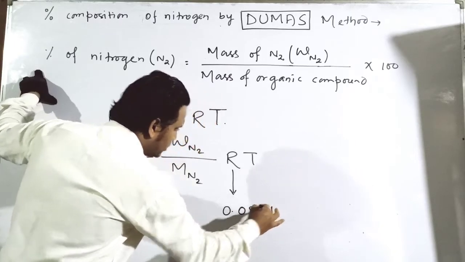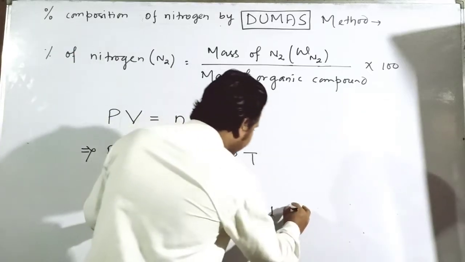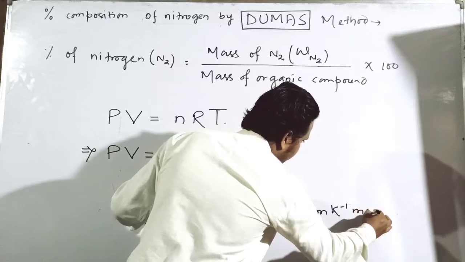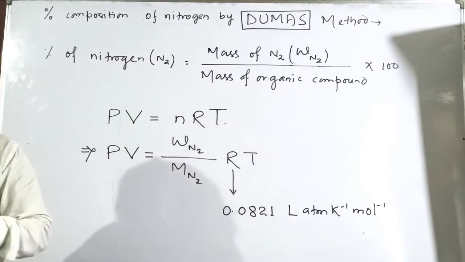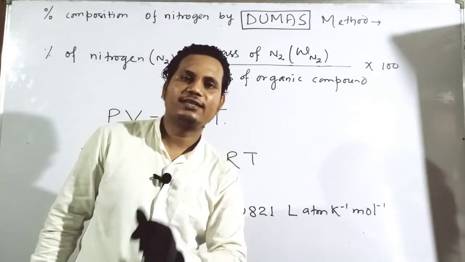R is written as 0.0821 liter atmosphere per Kelvin per mole. R has a fixed value as it is the universal gas constant.